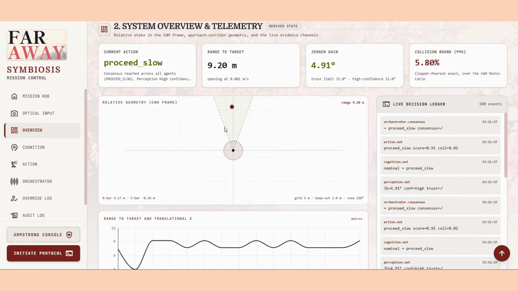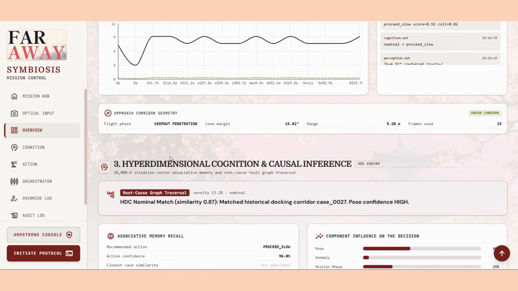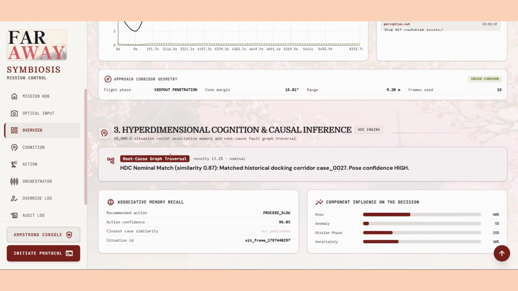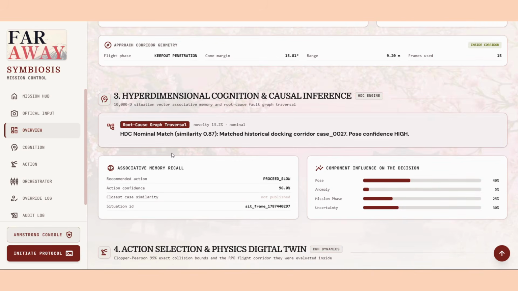So the current action is telling us to dock. We also measure various possibilities to ensure that we are not taking a wrong step. This is done by HDC, or hyperdimensional cognition. In hyperdimensional cognition, around 10,000 vectors of phase, position, and all of these dimensions are captured into a singular vector.